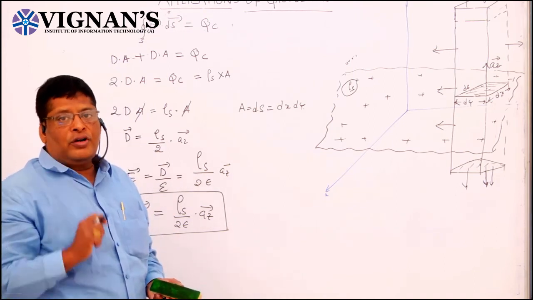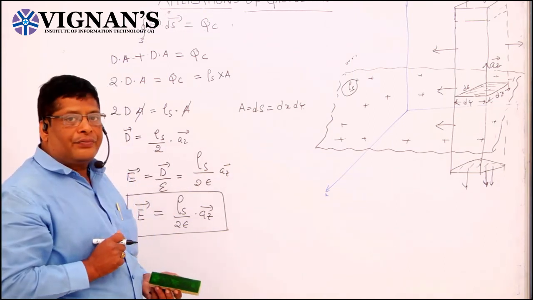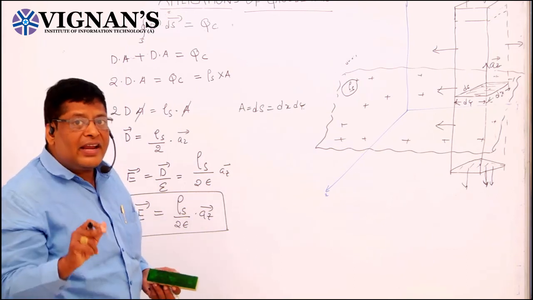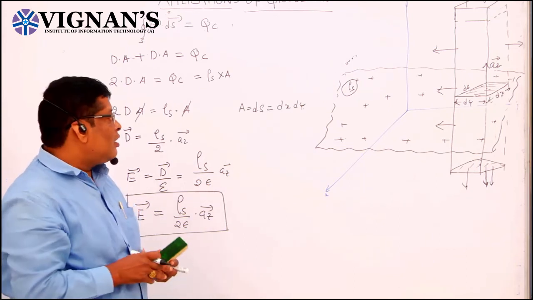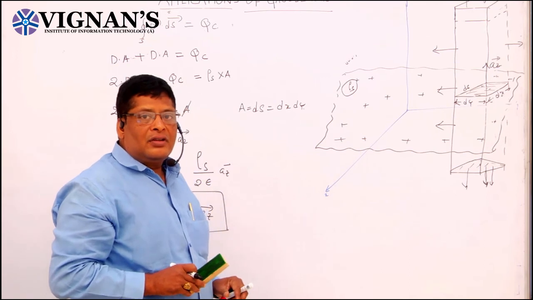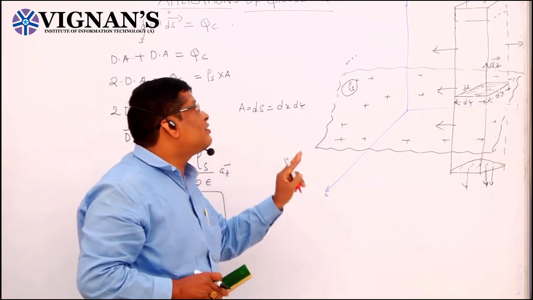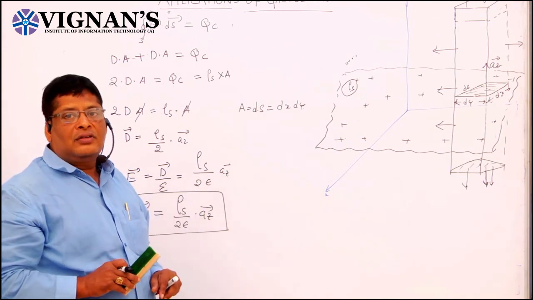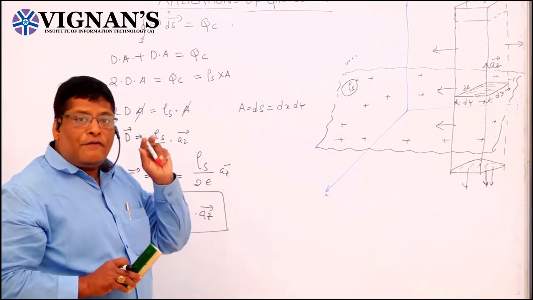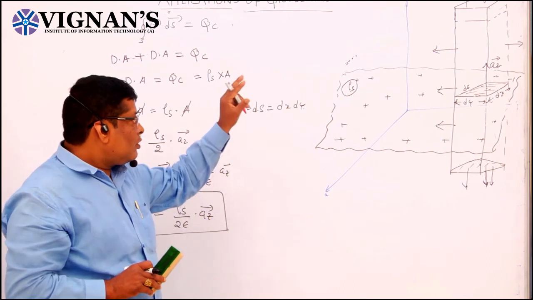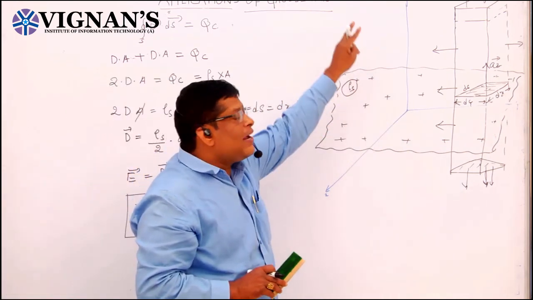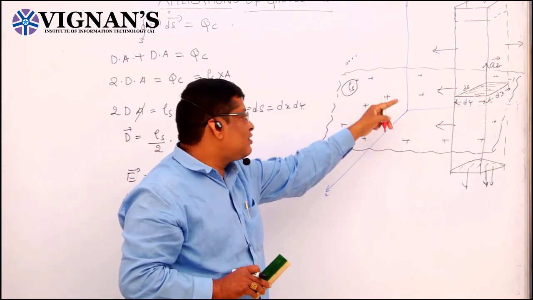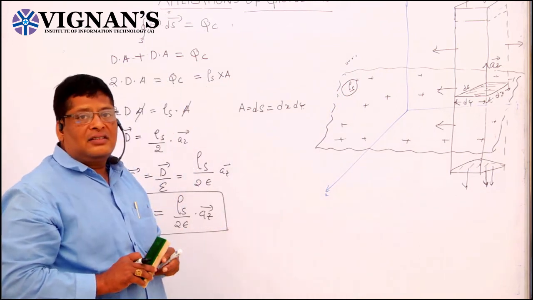That is one point. The second is that if you place the charged sheet on the xy plane, the direction of the electric field intensity is along the z axis, perpendicular to the sheet. If you place the sheet on the yz plane, the electric field intensity is along the x axis.